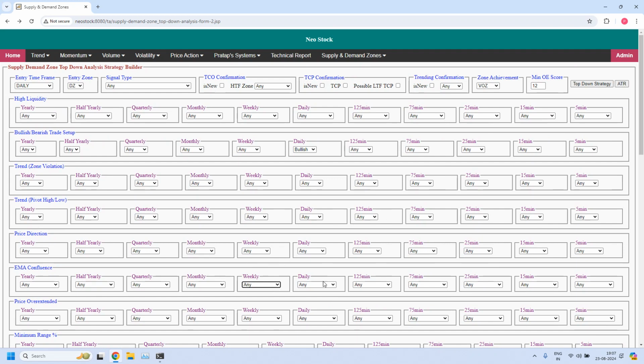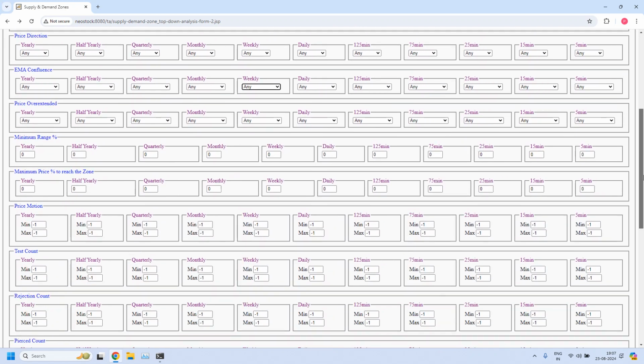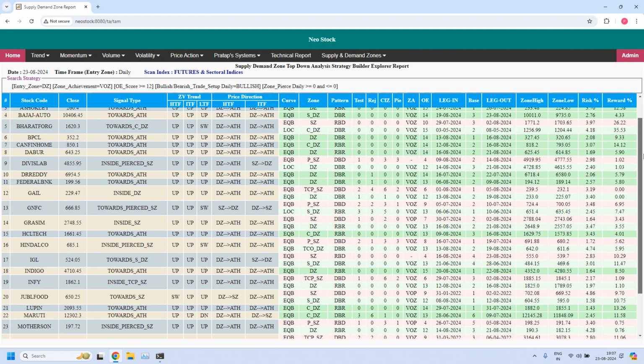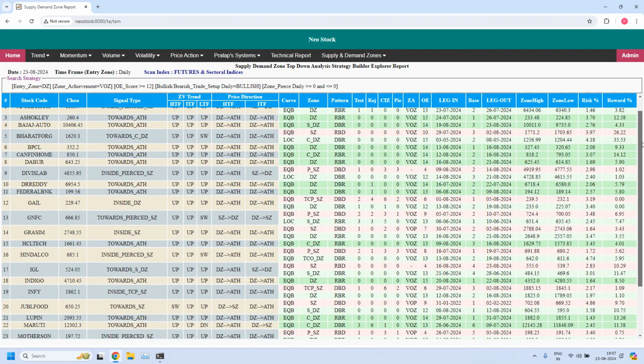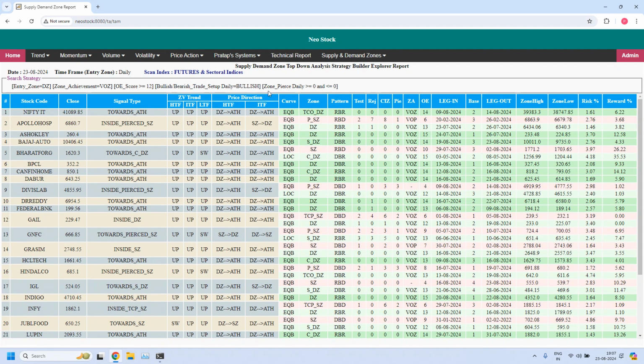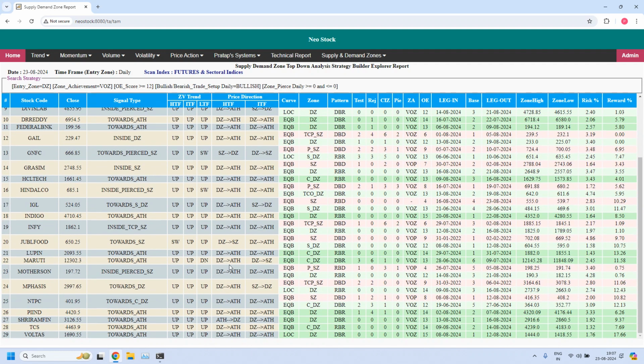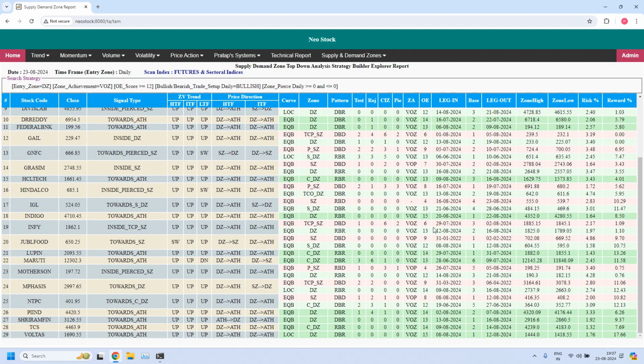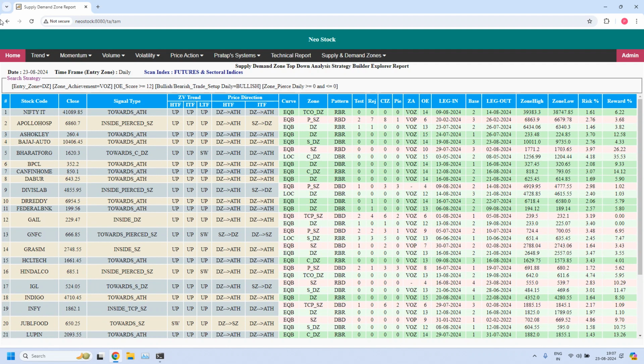So I have removed this filter. So let me add. First let me filter the stocks. This list we have already seen. 29 stocks are filtered. I already showed you. So no EMA confluence in this. First, to make our report perfect, let us look into the ITF confluence.